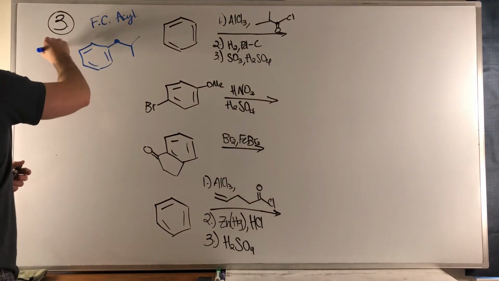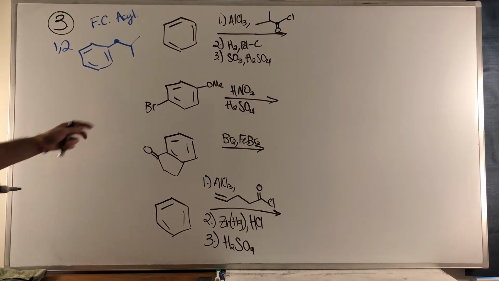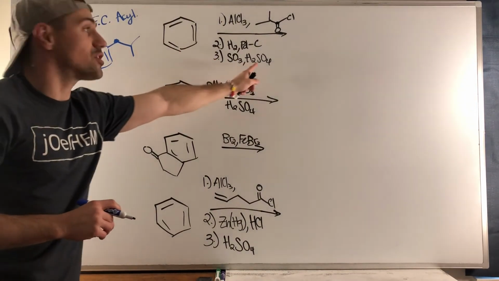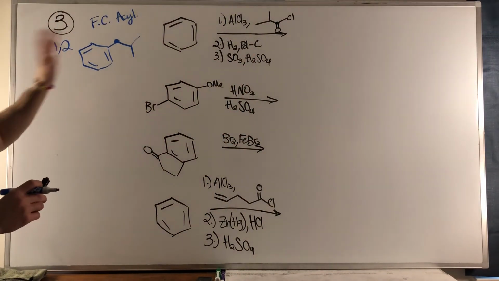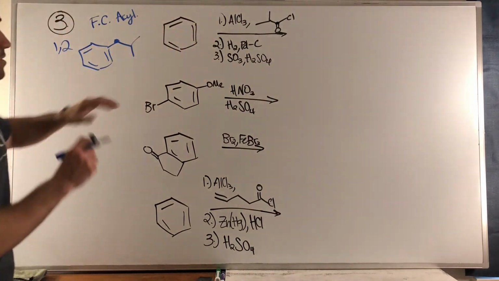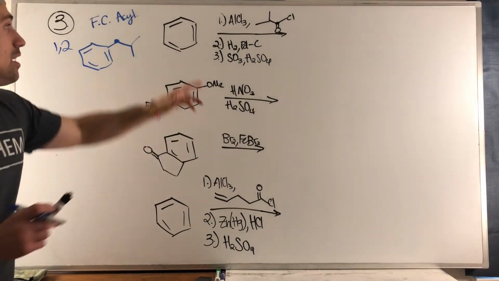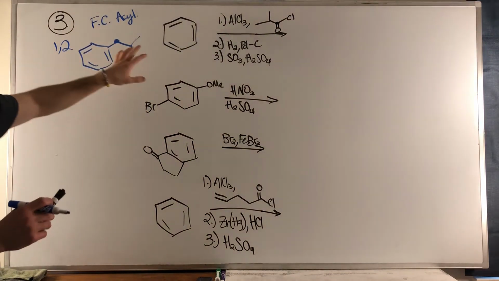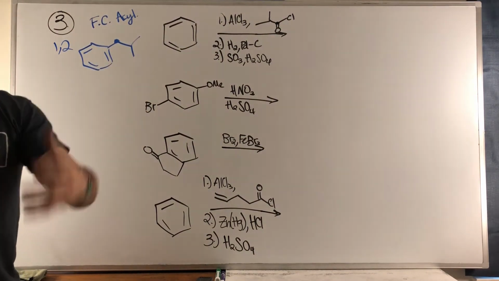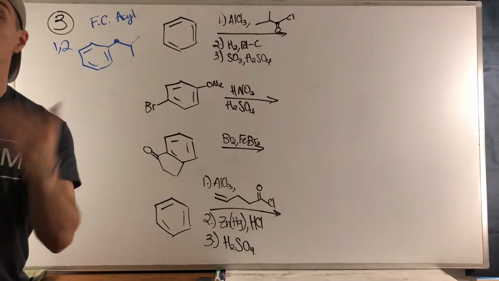So this is steps 1 and 2, okay? And last but not least, then we end with a sulfonation. So I hope what you saw is we put on a group that was an electron withdrawing group. We then reduce the carbonyl. Now this is just a plain old alkyl group that activates the ring via induction and is an ortho-para director.